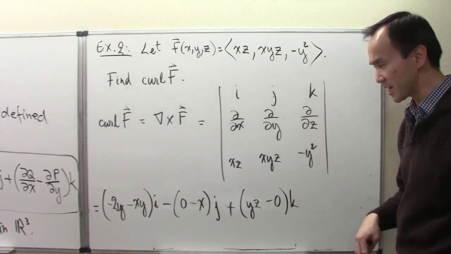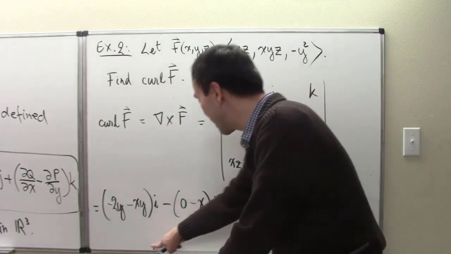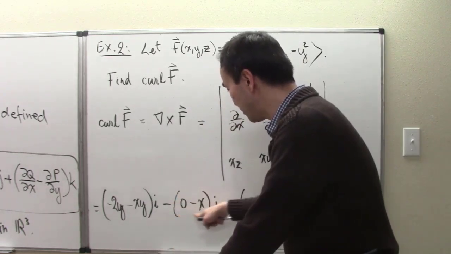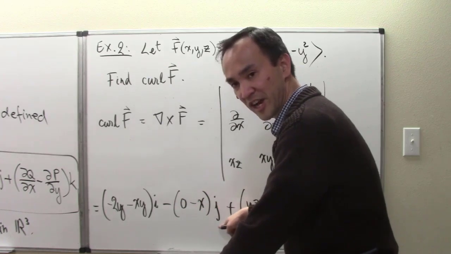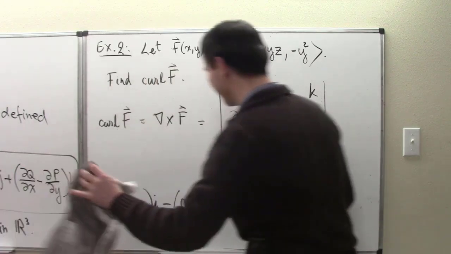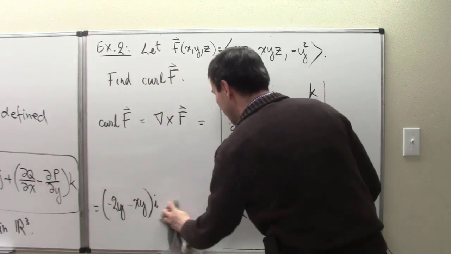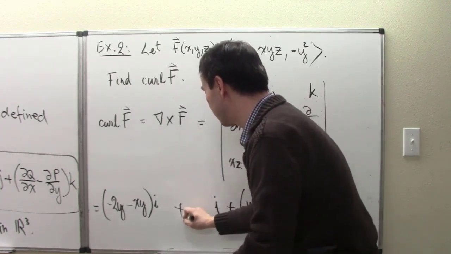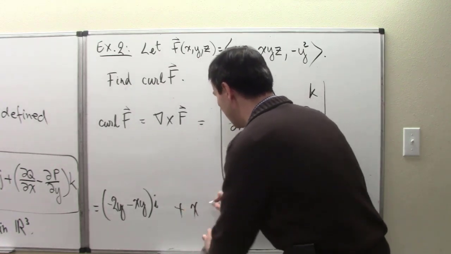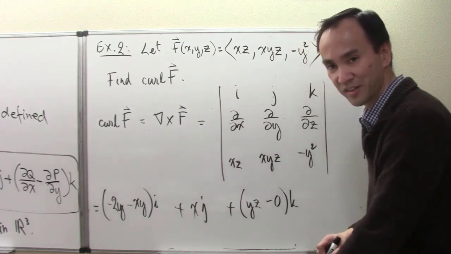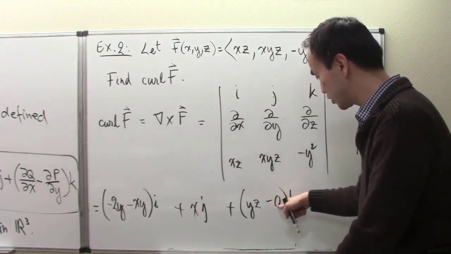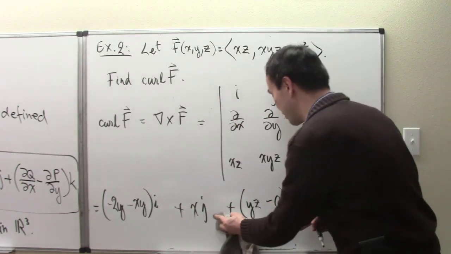Let's just rewrite it. In the way I'm seeing it, this becomes a plus x in the j component. So plus x with the j component, and there's no need to write the minus 0, so I will rewrite it.